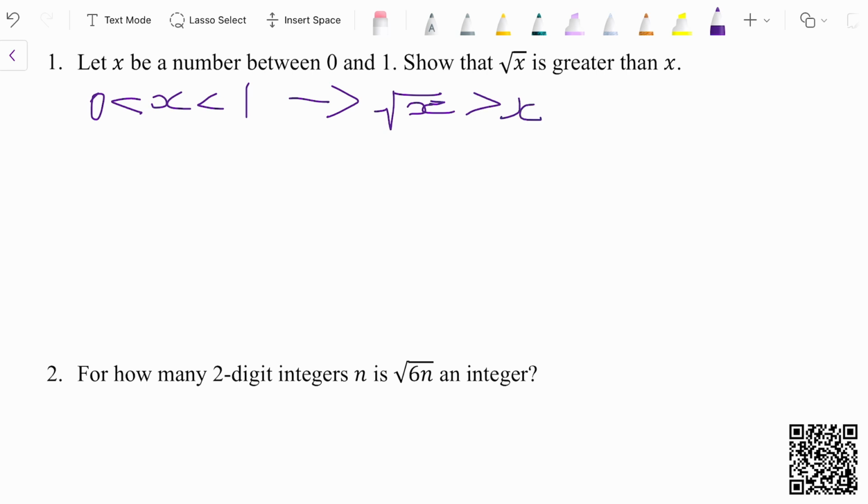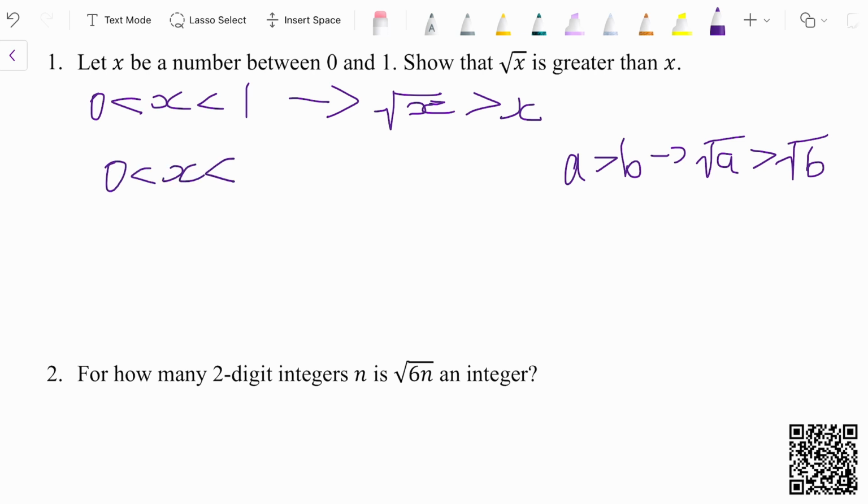There is a formula which can help us here that says basically if a is greater than b, then the square root of a will also be greater than the square root of b. Keeping that in mind, we can write out our first condition again.